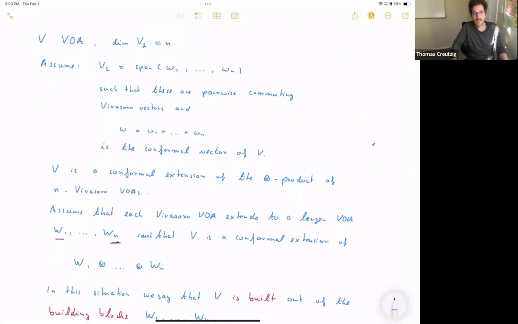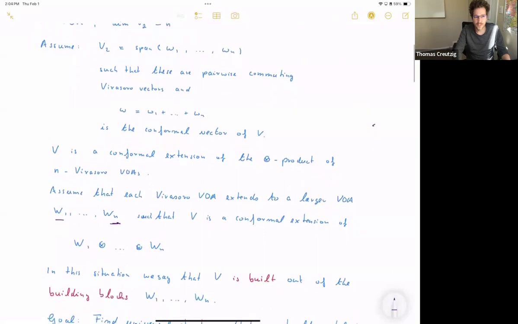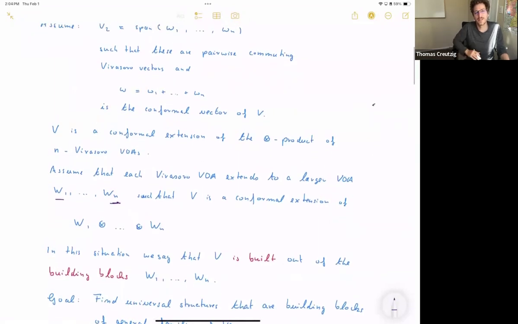Of course, not always, and unfortunately, for example, for W algebras, that is not known and hard to show. Anyway, in such a situation, we could say that these n sub-VOAs, W1, W2, up to Wn, are building blocks that build our big VOA.